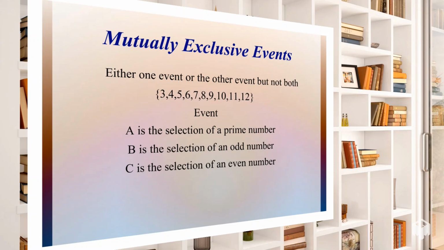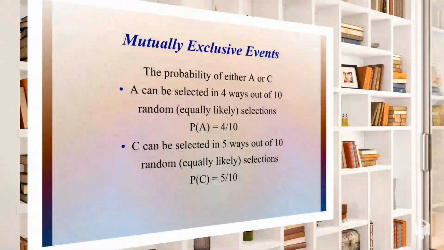First, A is selection of a prime number. We have 4 out of 10 as the probability, and C, selection of an even number, is 5 out of 10. Written here, P of A is equal to 4 out of 10, and P of C is equal to 5 out of 10. Note that random selections are also known to be equally likely selections.